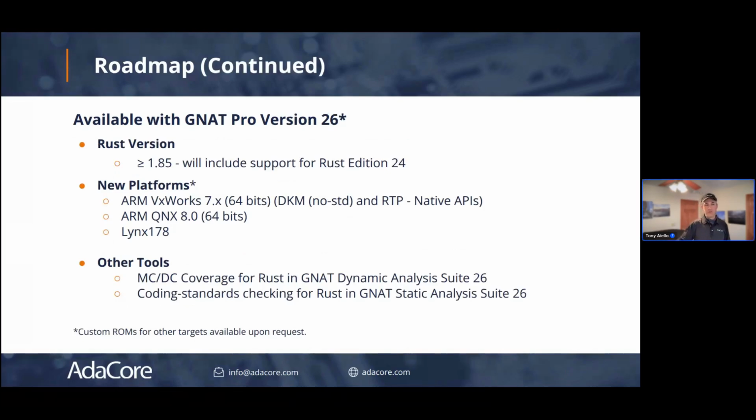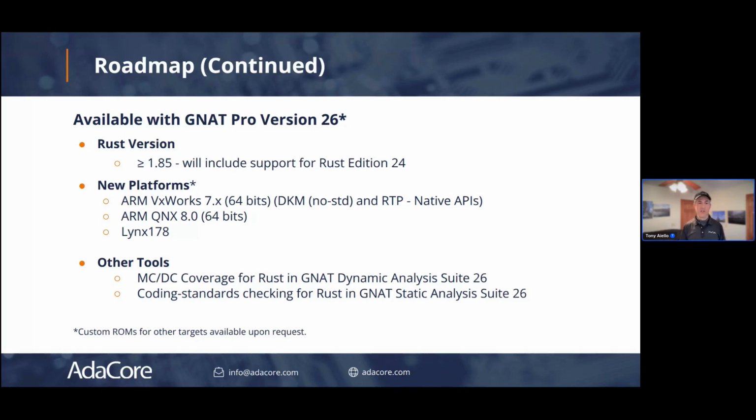Looking into the future, what we plan to ship with GNAT Pro for Rust version 26, we're looking at version 1.85, certainly at least version 1.85, and that's going to give you support for Rust Edition 2024, should that be important to you.